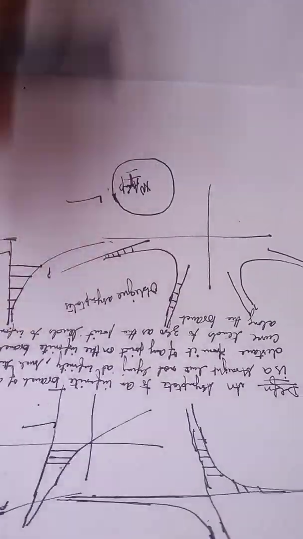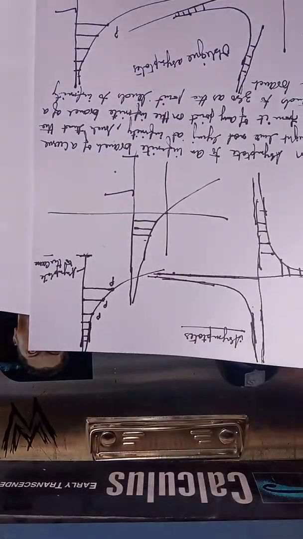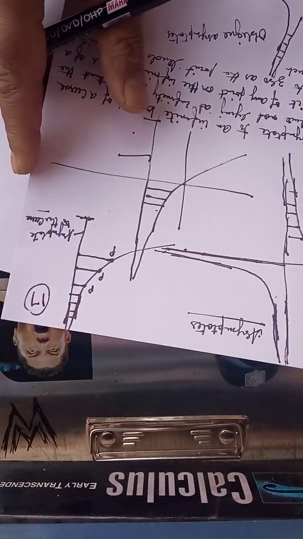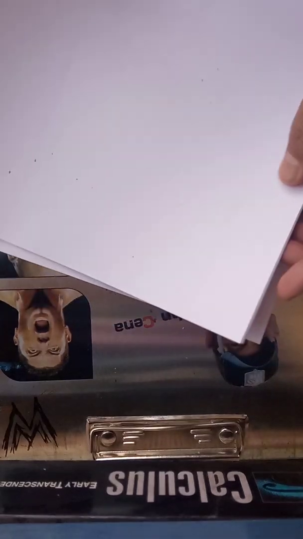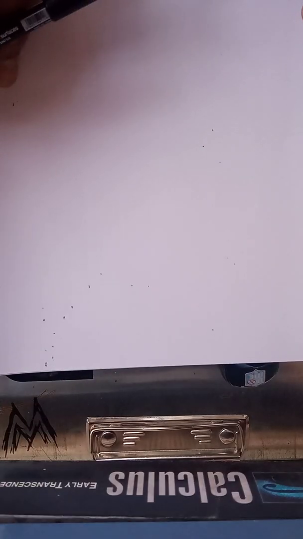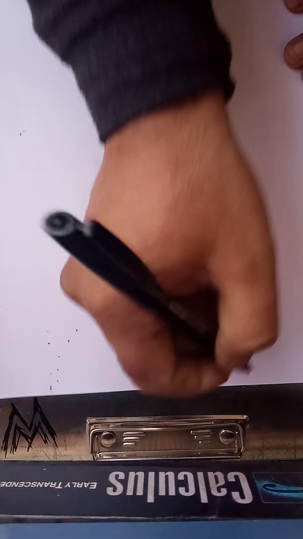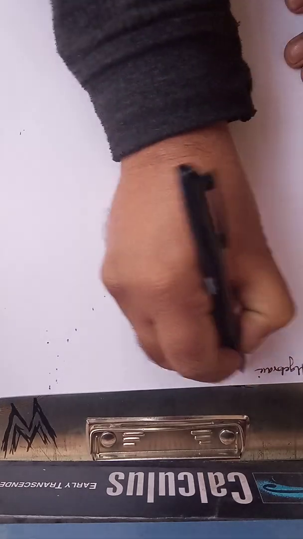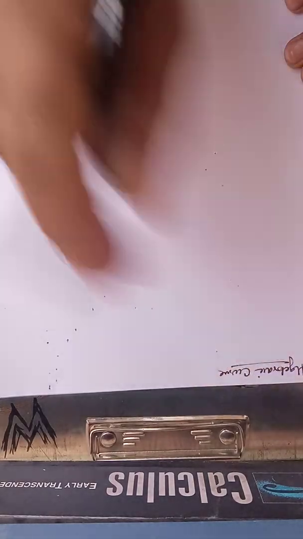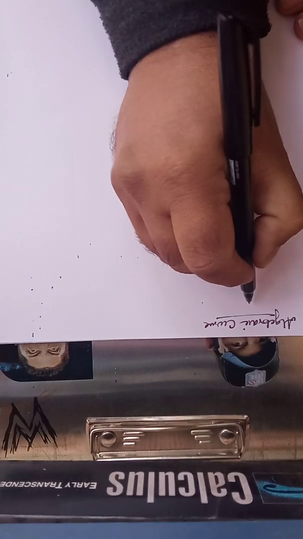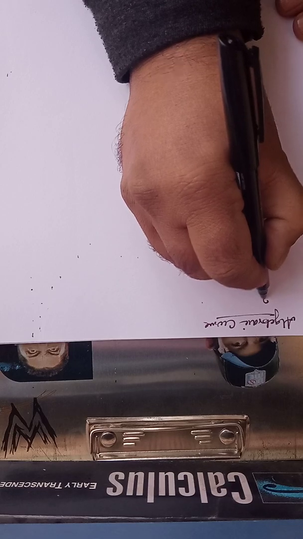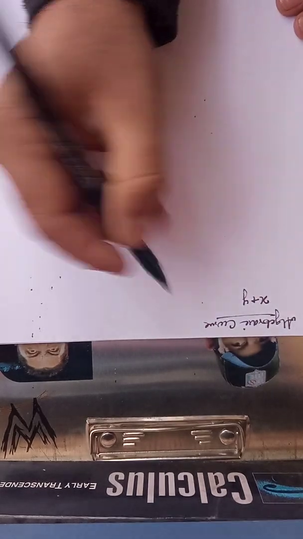Now what's an algebraic curve? See, you have, say, x plus y equals, say, 5.